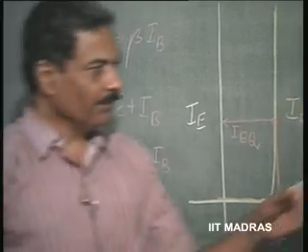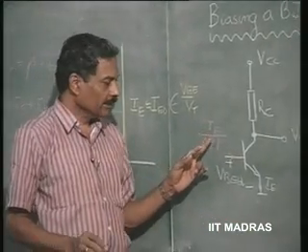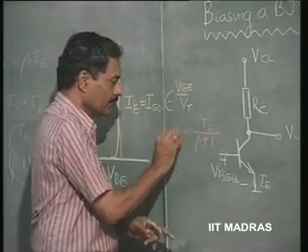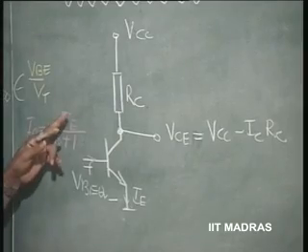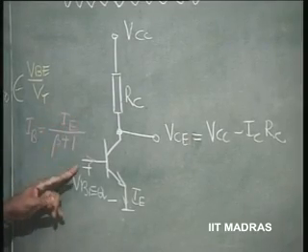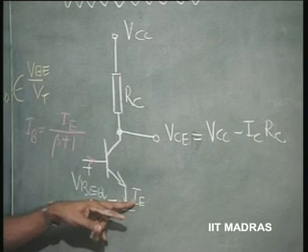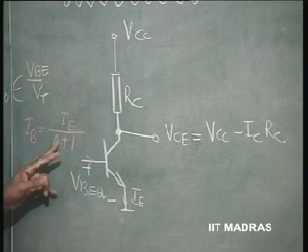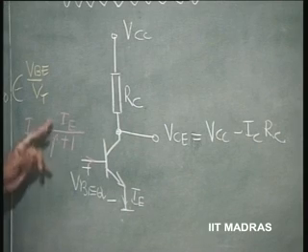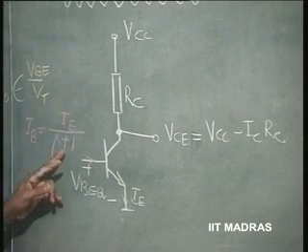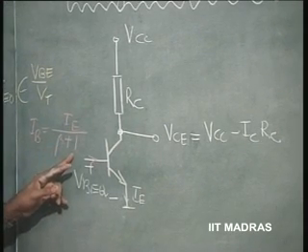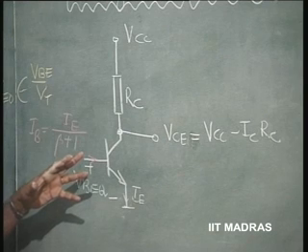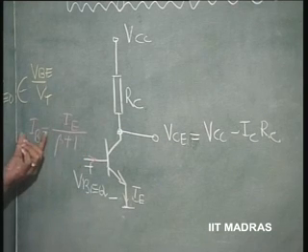So, if I fix the base current as IE divided by beta plus 1, suppose the emitter current is given as 1 milliampere and beta is given as, let us say, 199, then 1 milliampere by 199 plus 1, 200, which corresponds to about 5 microampere, is what I have to fix as base current.